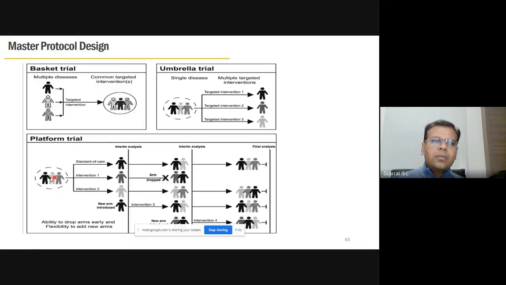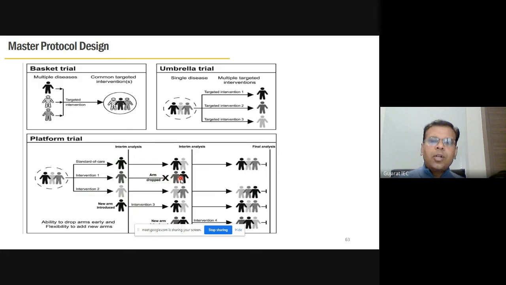station. So something like that, the train starts with all the passengers on board. When you test them against the standard of care, you give some drug, you give some other drug to these different patients, and you find that this one is not working. You do an interim analysis, find that this one is not working, so you drop that arm.